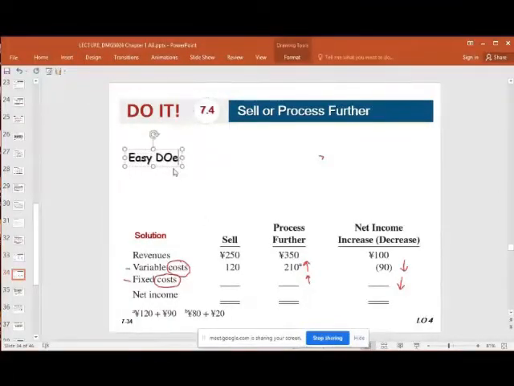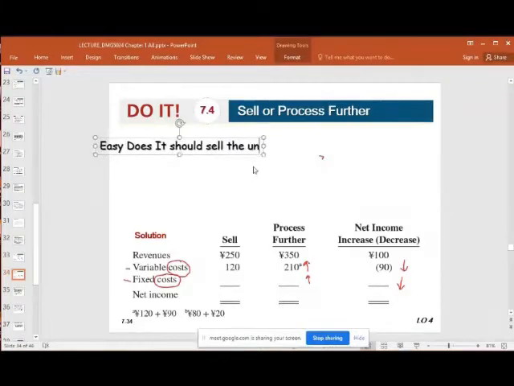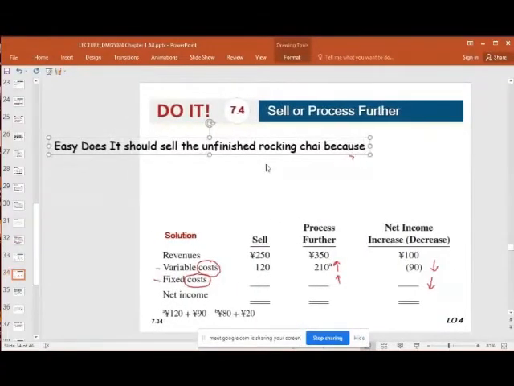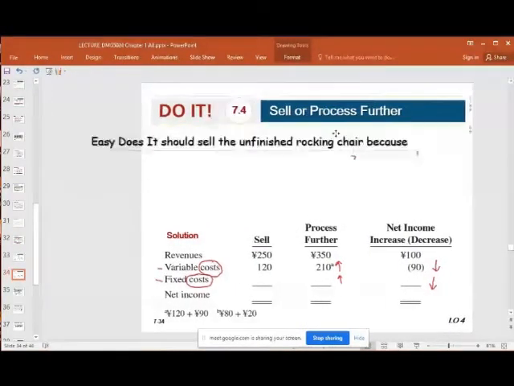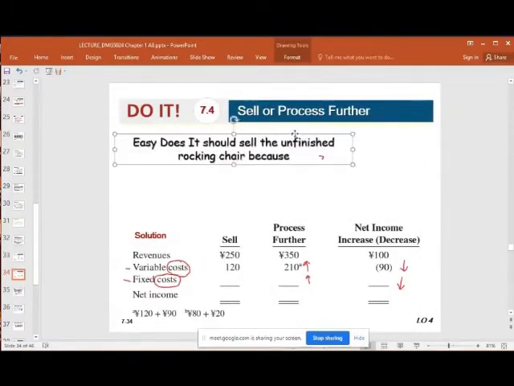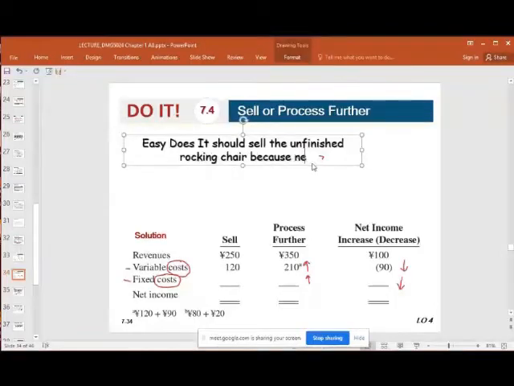So Easy Does It should sell the unfinished rocking chair because net income decrease by 10.